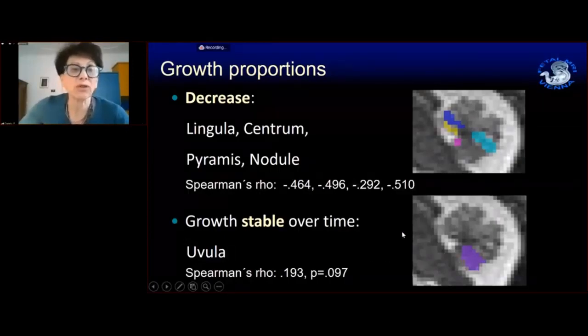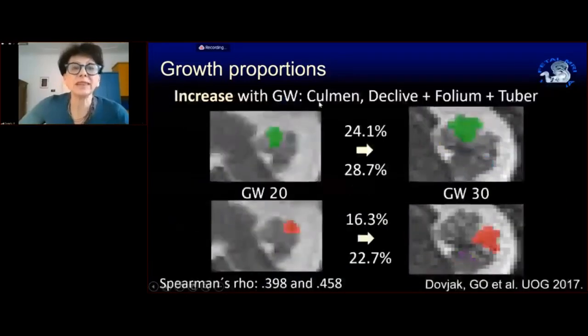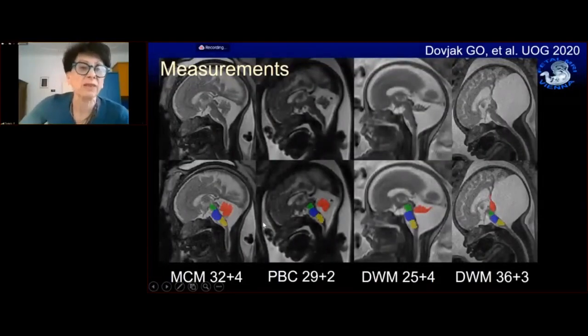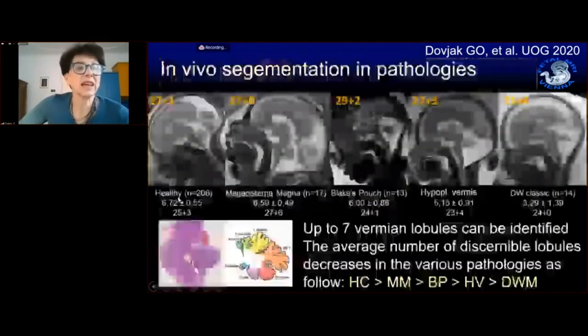Then we transferred this knowledge to pathological cases, where not only the parts of the vermis were measured, but also the parts of the pons. I will come to that later. Here, what was found is that in healthy normals and in mega cisterna magna, you can delineate up to 7, mostly 7 vermian lobules.